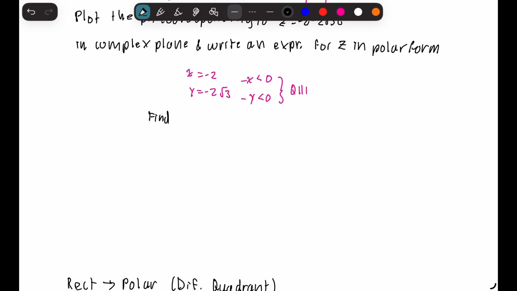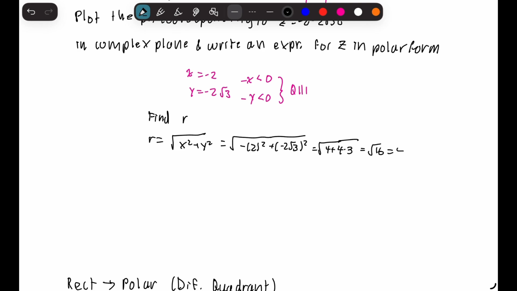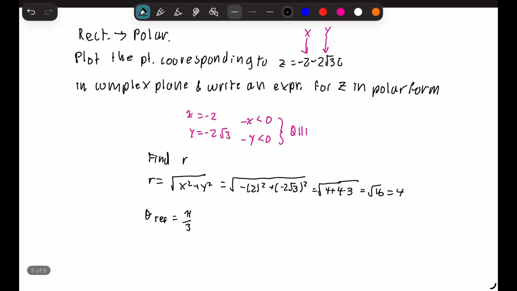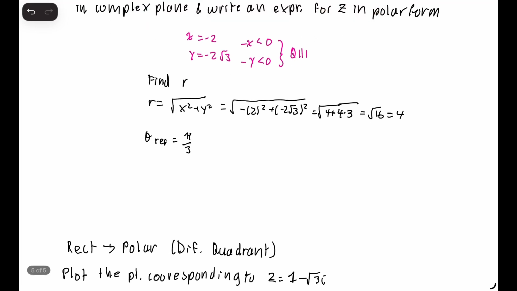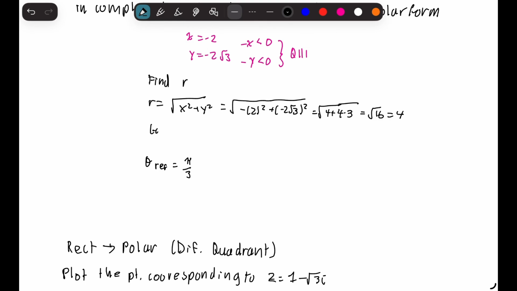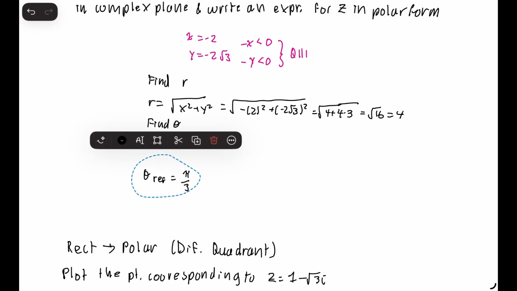So now we're going to find our r. R is equal to the square root of x squared plus y squared. Now our theta ref is equal to pi over 3 because we have to find theta.